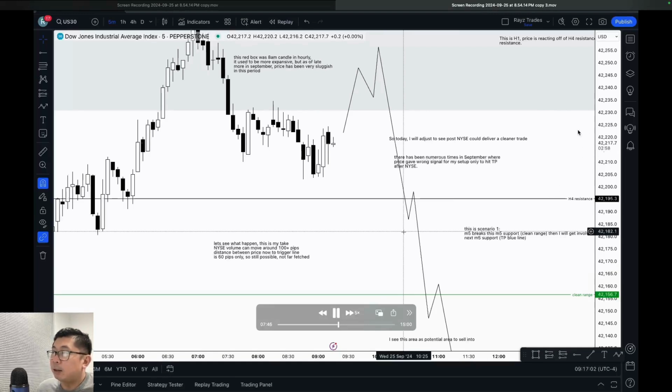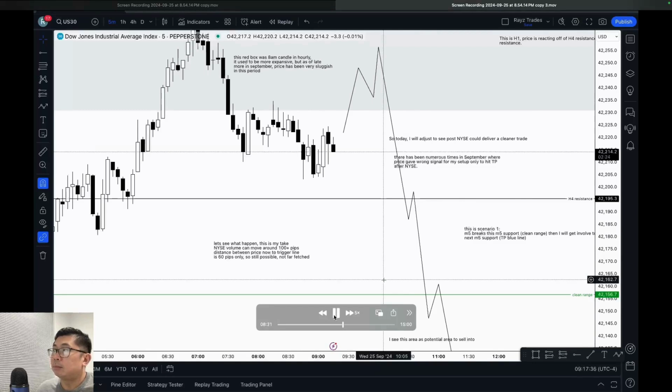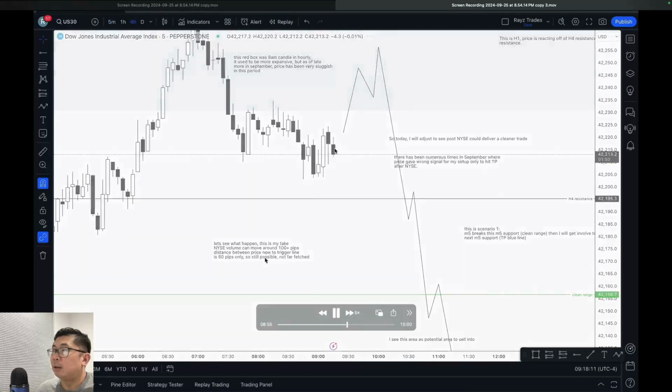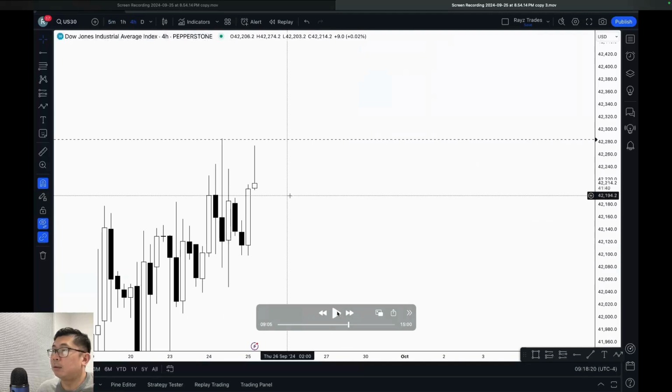So it was a live trade. I think this is the 9:25 candle. I went to the 4 hour because I just wanted to see how the 4 hour candle is behaving. It's 41 minutes and 38 seconds away from the 4 hour candle closing.